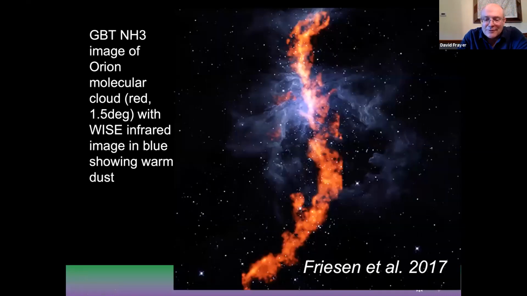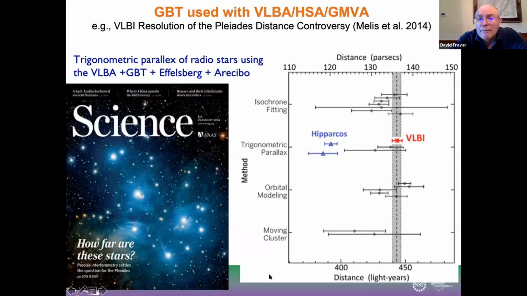Just a pretty picture. I always just like this picture from Rachel of the Orion molecular cloud, a GBT ammonia image in red here. This is quite beautiful. Anyway, the GBT is also used in VLBI observations, very long baseline interferometry.